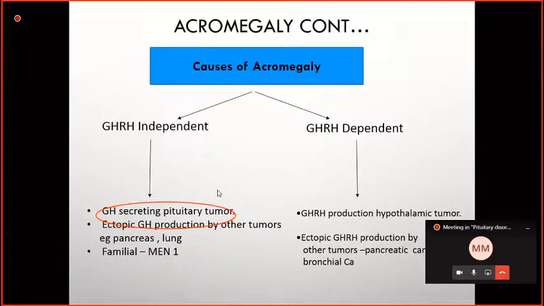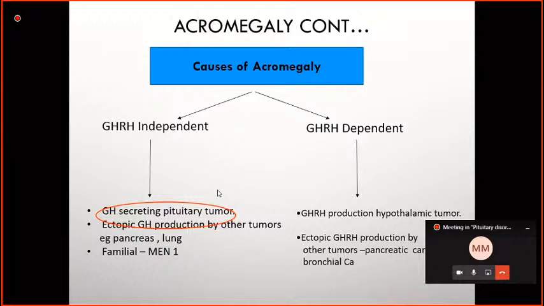It can also be part of multiple endocrine neoplasia. Have you learned about MEN 1, MEN 2, MEN 3? Multiple endocrine neoplasia are familial endocrine neoplasias, which are categorized into a few combinations of endocrine disorders. I think Dr. Bushra will teach you this, MEN 1 and MEN 2. GH acromegaly falls into the group called MEN1.